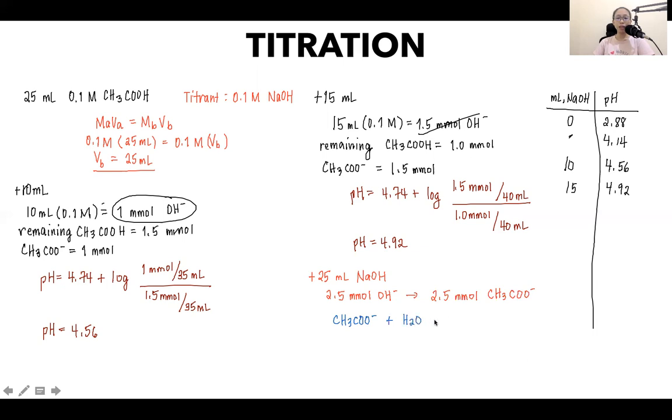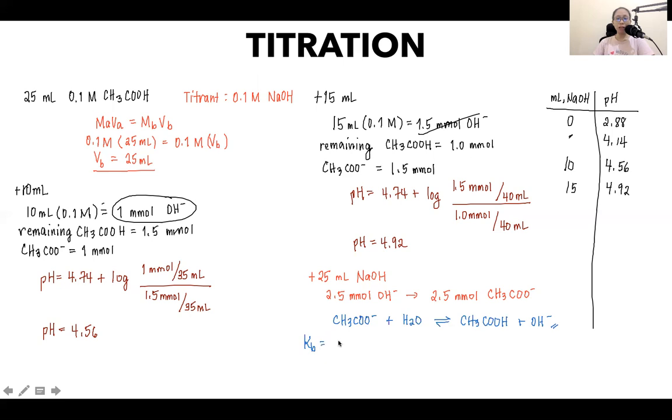So it can hydrolyze water and it forms acetic acid and hydroxide ions. So we expect that the pH should be basic because the hydrolysis of the acetate produces hydroxide ions. So we need the Kb for this reaction.